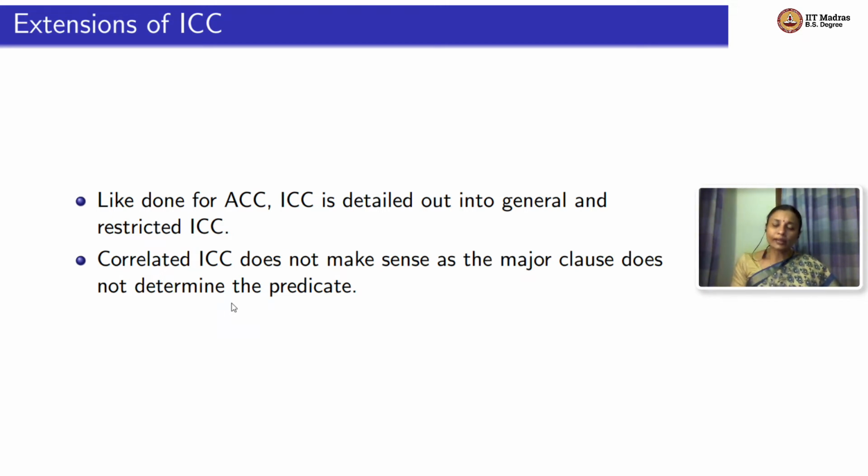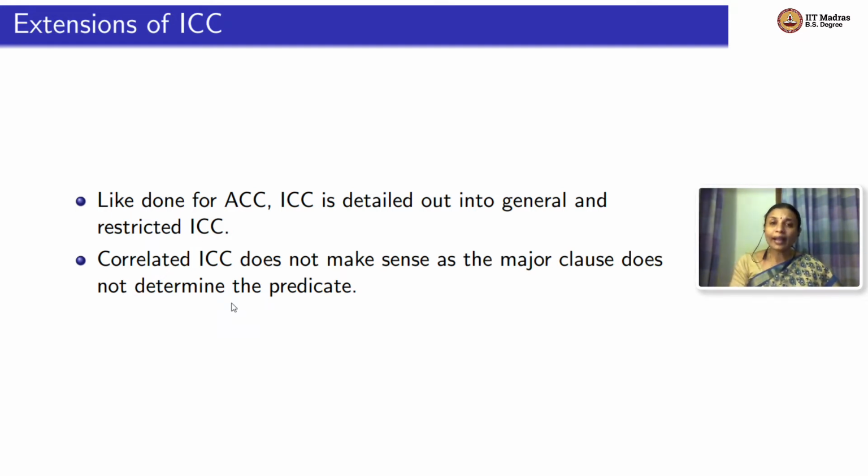So we detail it out for active clause coverage criteria. We had three types: general ACC, correlated ACC, restricted ACC. In the case of inactive clause coverage criteria, correlated ICC does not make sense. Why? Because we know that in the case of ICC, the major clause is inactive. It does not determine the predicate.